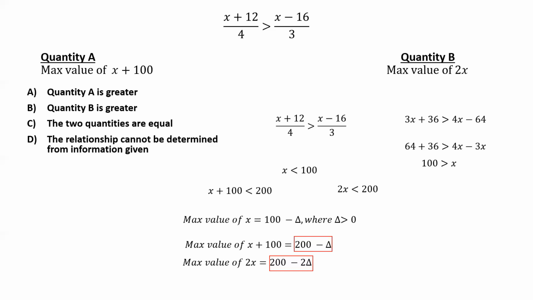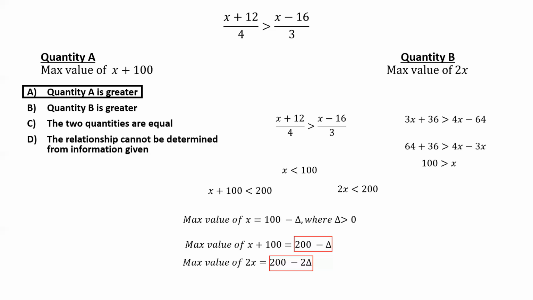So if you subtract a greater amount of positive quantity from the same number 200, you are going to end up with a lesser value, right? So the maximum possible value of 2x is definitely going to be less than the maximum value of x plus 100. So the correct choice in this particular question will be quantity A. Quantity A is going to be the greater one.